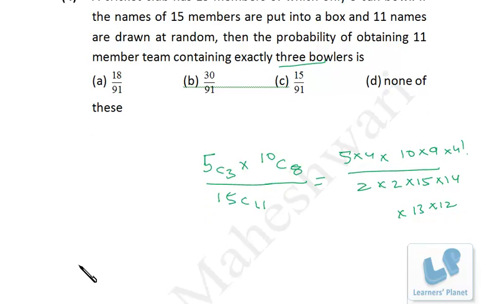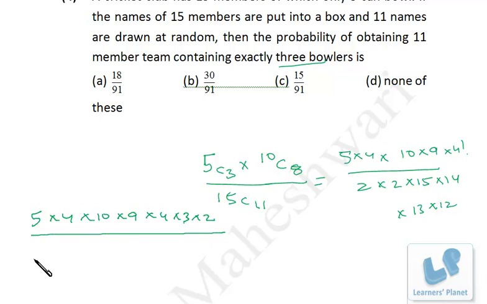I just rewrite over here. So it's 5 into 4 into 10 into 9 into 4 into 3 into 2 by 2 into 2 into 15 into 14 into 13 into 12, right? Your 13 is there, so the denominator should be a multiple of 13.